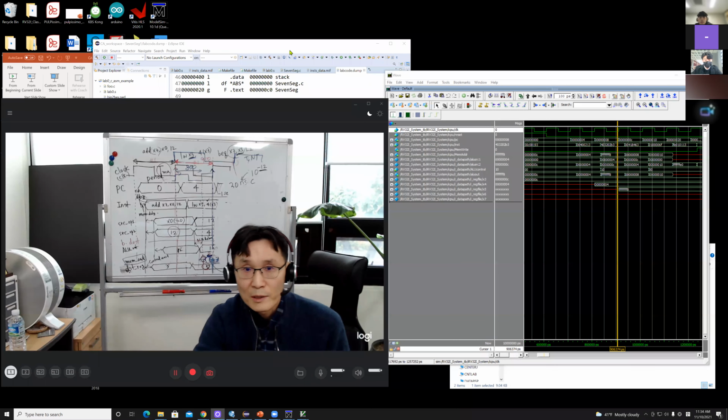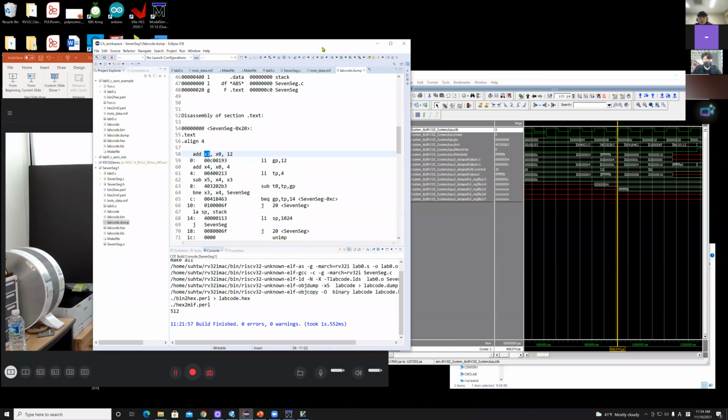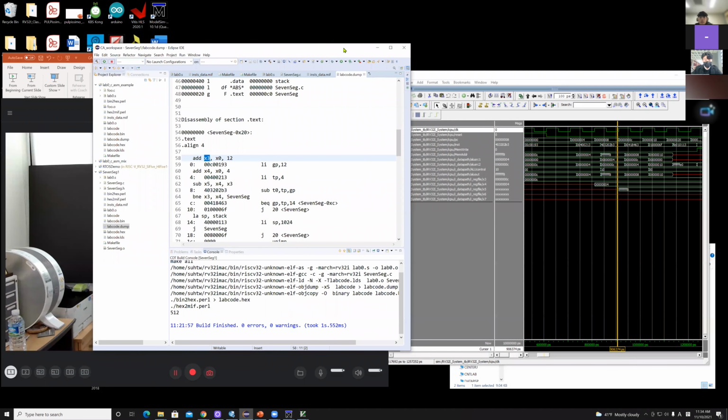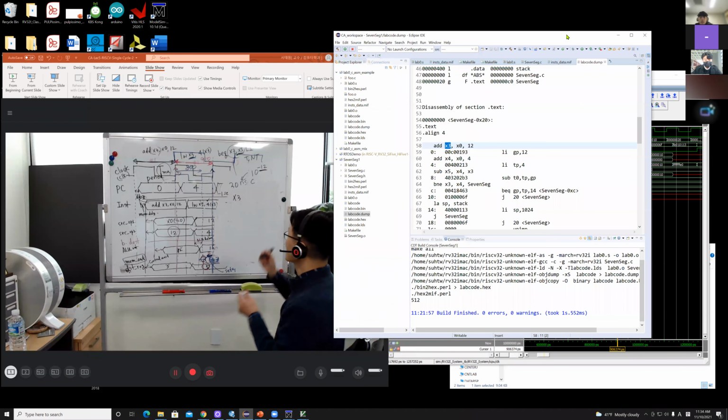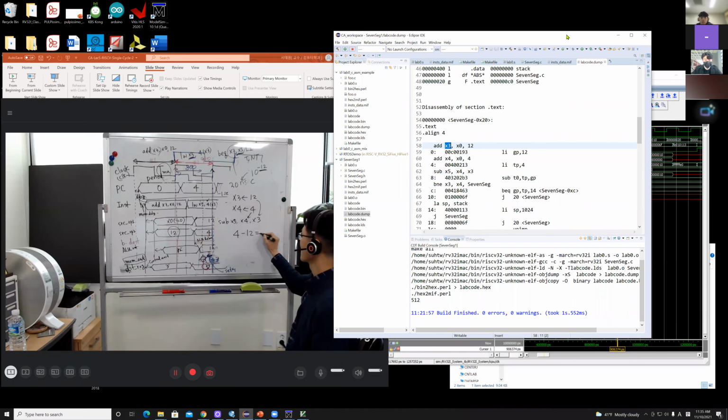We are talking about that code, right? First one, X3 will be 12, X4 will be 4. Then the next instruction, a subtraction instruction, X5, 4, 3. So 4 minus 12 is supposed to be minus 8.